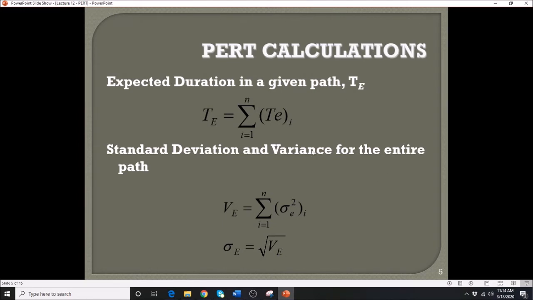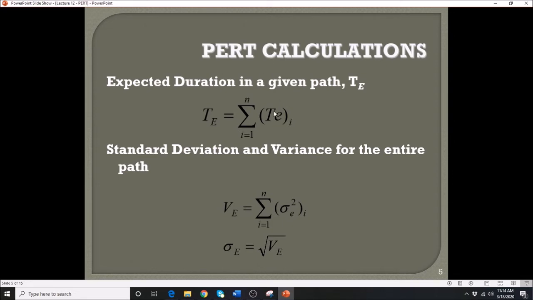Alright, so again, as I'm going back to my PowerPoint, I have here now the capital E that corresponds to the duration for the entire project. To determine the expected duration for the entire project, you just need to add up the calculated expected durations of each given activity.